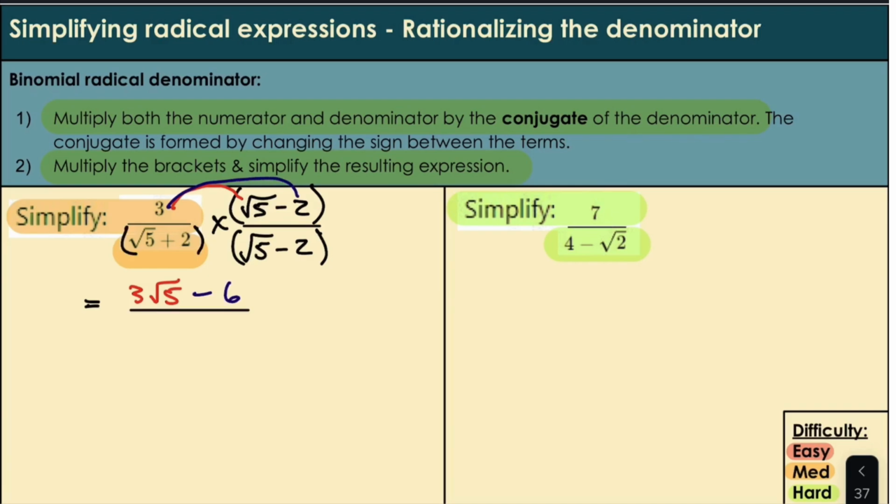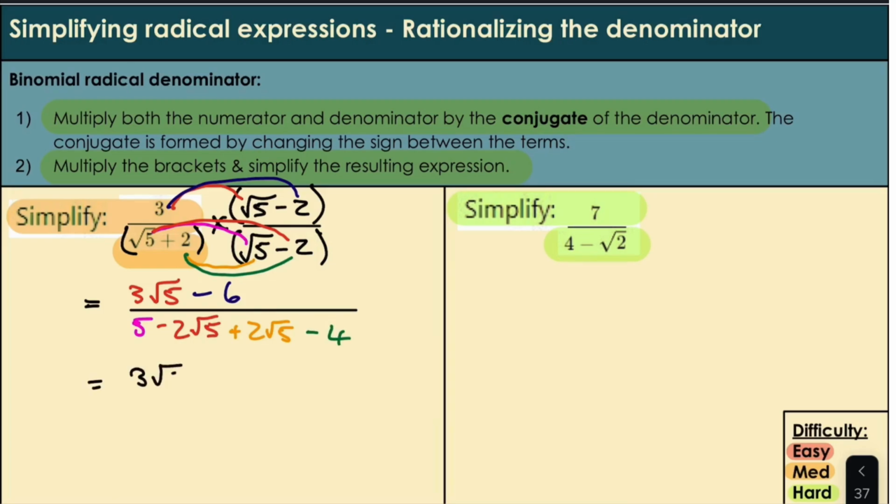On the bottom, we have root 5 multiplied by root 5, which is 5. Then we have root 5 multiplied by negative 2 is negative 2 root 5. Then we have 2 multiplied by root 5 is positive 2 root 5. And lastly, we have 2 multiplied by negative 2 is negative 4.